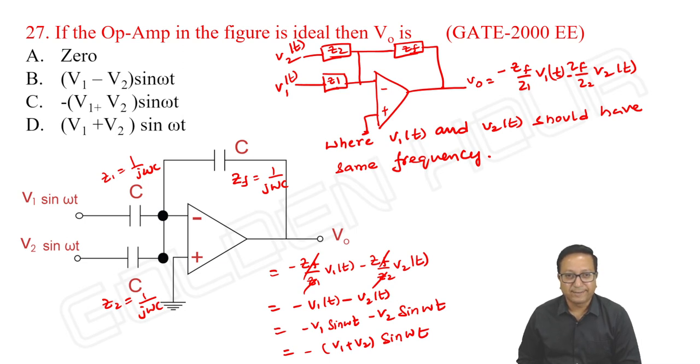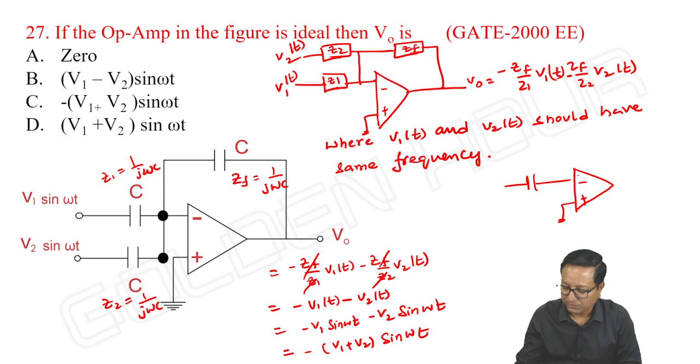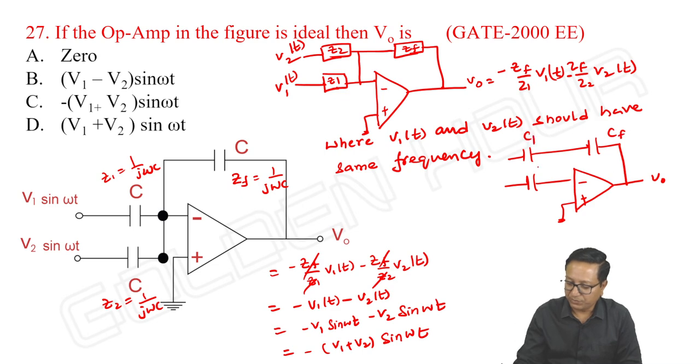Okay, and suppose the capacitors are not equal. Then Z1, Z2 will not be equal. All right, I will write it on the next page. Okay, so here I will write CF, C1, C2. Then what is V output?